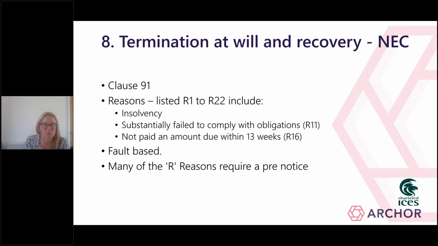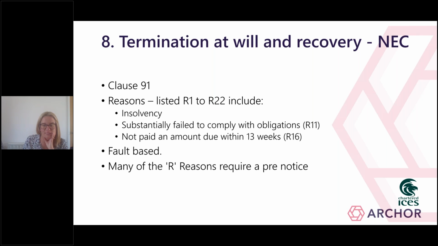They include a reason for substantially failing to comply with obligations under the contract, always a little bit of a grey area, always open to some interpretation, and also a reason that you hadn't been paid an amount due within 13 weeks. Now, what you'll notice is that all of these reasons are fault-based reasons, so you have to be able to identify and prove the fault to be able to rely upon it to therefore terminate.